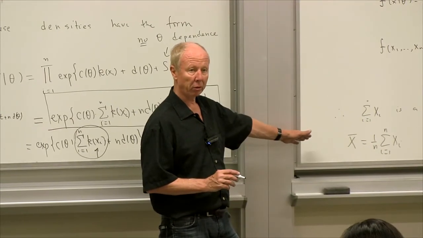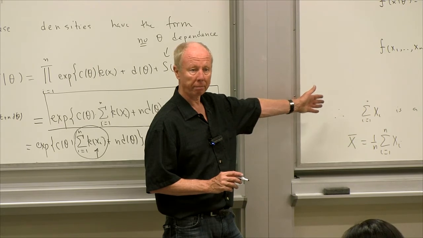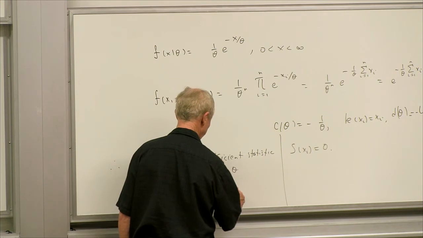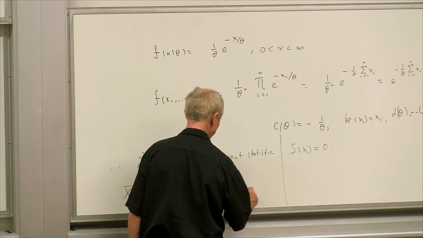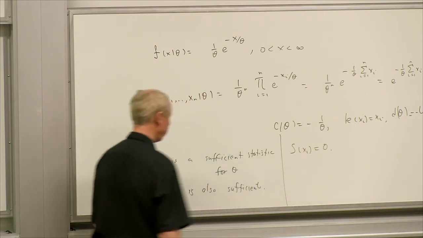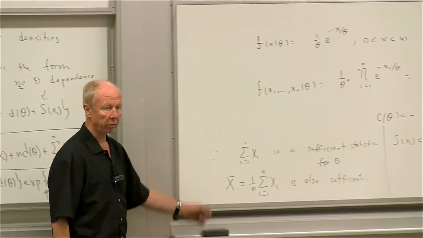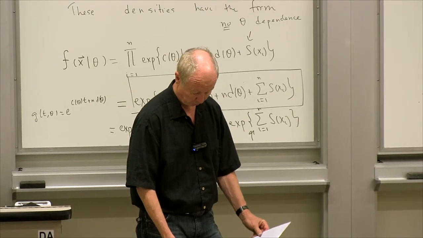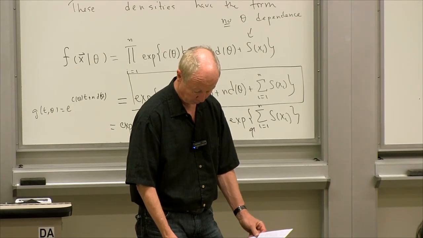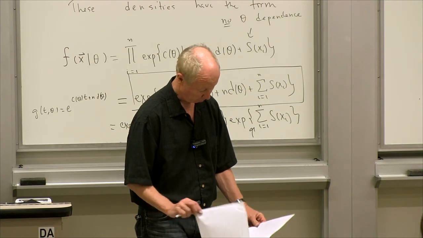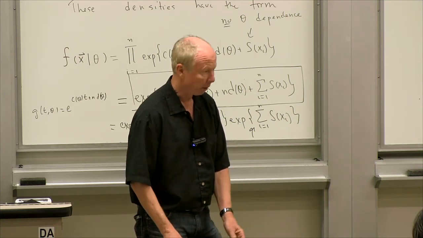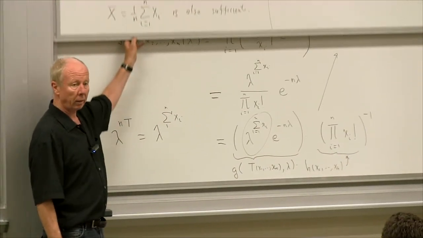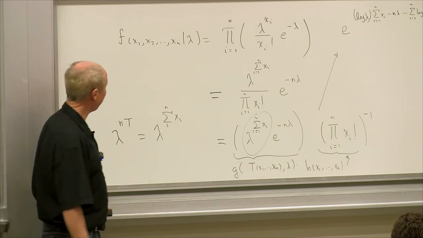Yes, because it's an invertible function we've applied to the first one, right? And that would be the one we want to use. Any other examples you can think of exponential families? Let's try gamma.